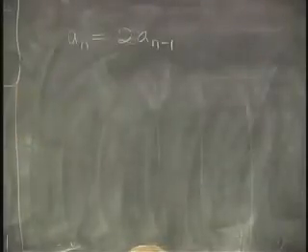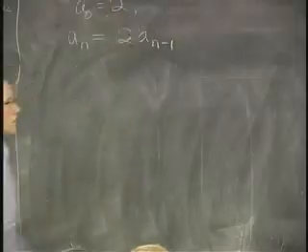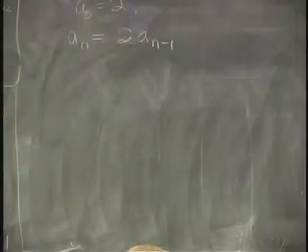Okay. So suppose we just have this recurrence relation, and suppose we have the initial condition a_0 equals 2. Then we can just solve this by substitution.